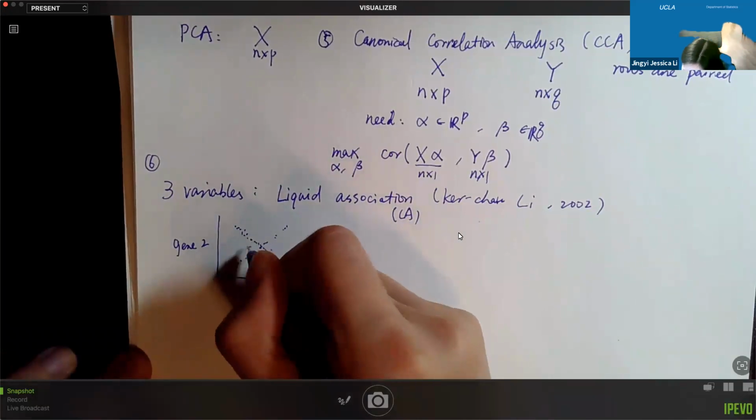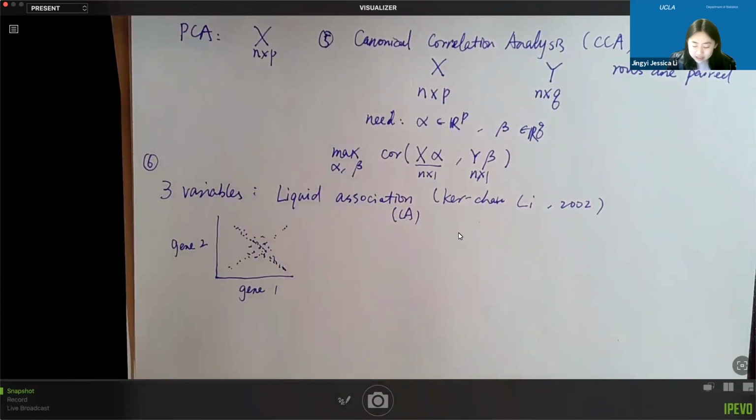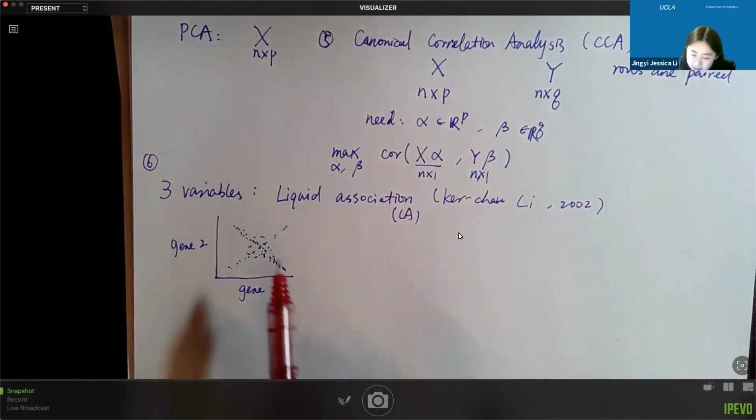In some other samples, they do not seem to be correlated. He found that this pattern can actually be explained by a third gene.